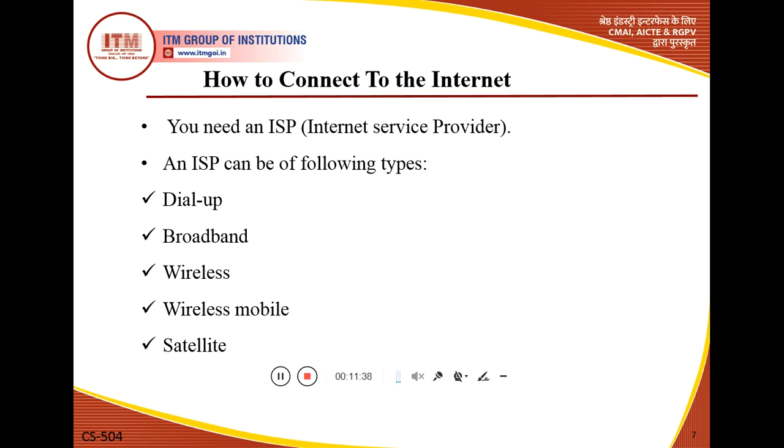So these are the different types of ISP for connecting to the internet. Modem is also used for connecting to the internet. Then Bluetooth: by using Bluetooth you can also connect to the internet. So these are some types of internet service provider for connecting to the internet.